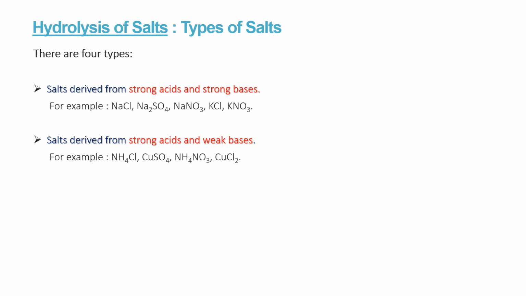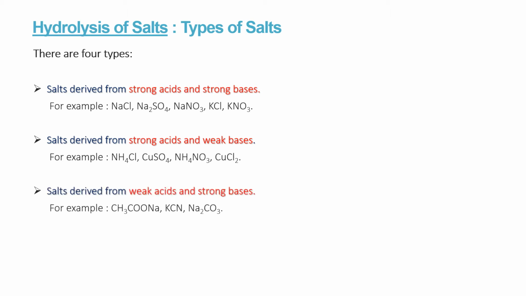In this case also the salt is formed due to NH4OH and HNO3. Next is CuCl2. So CuCl2 is formed due to Cu(OH)2 and HCl. So HCl is your strong acid and Cu(OH)2 is your weak base.